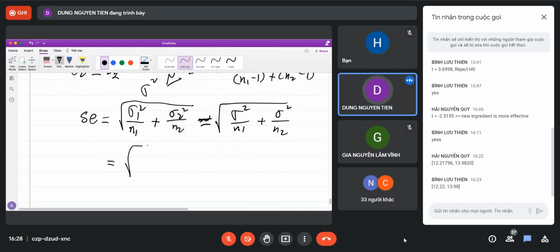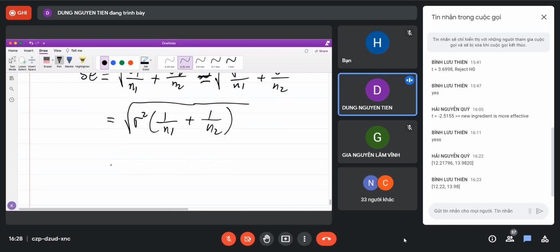So you get the square root of sigma squared times 1 over n1 plus 1 over n2, and you can approximate it by S squared, 1 over n1 plus 1 over n2, the square root of that one.